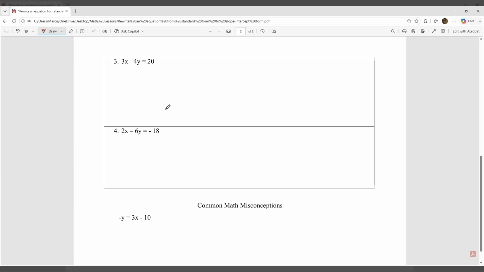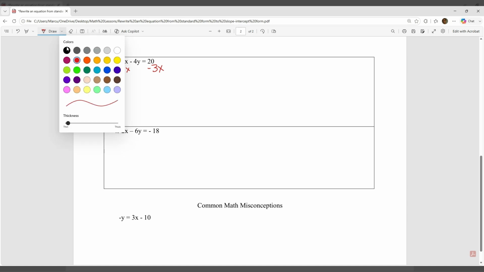Welcome back, everyone. Now we're going to go over question number 3. So similar to question 1 and 2, you're trying to get the y by itself. So we're going to start by subtracting 3x both sides, because again, you want to do the inverse operation.